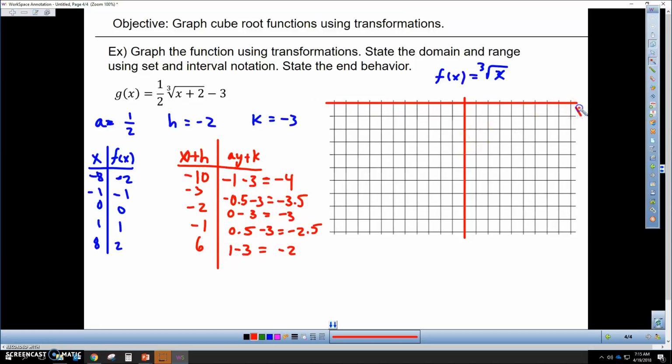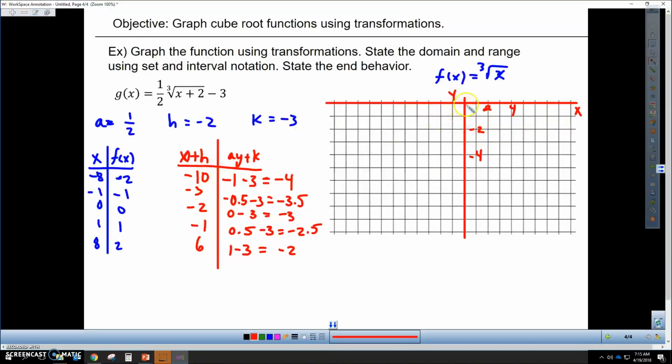It's a good idea to label. This is the x-axis, this is the y-axis, and definitely label the units, -2, -4, so you give the reader an idea of what the units are.